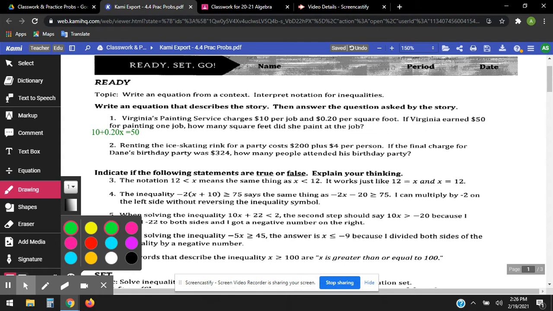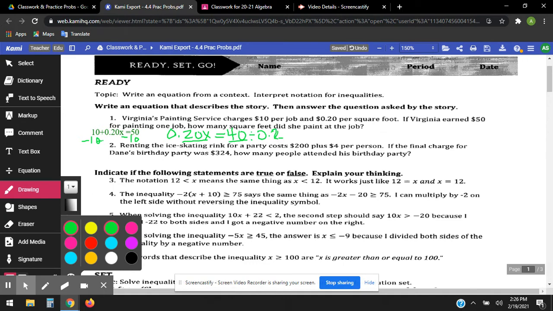So my first step is going to be subtracting 10 from both sides, right? So then I have 0.20x equals $40. So we got to take out that initial payment of $10. And if I take 40 divided by 0.2, 20 cents.